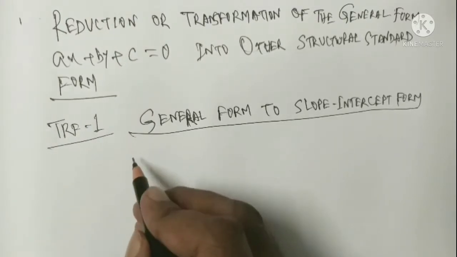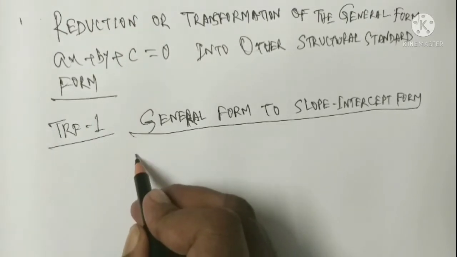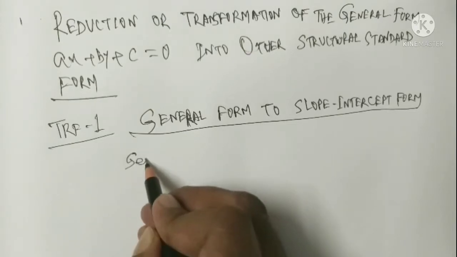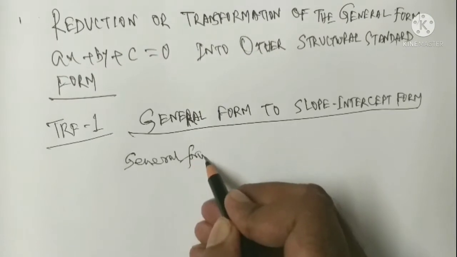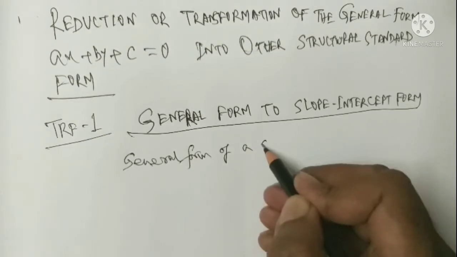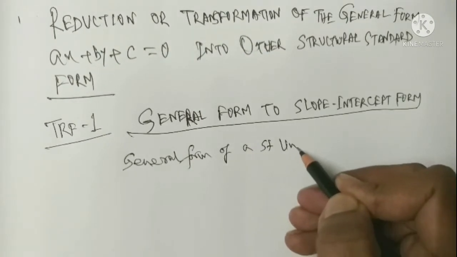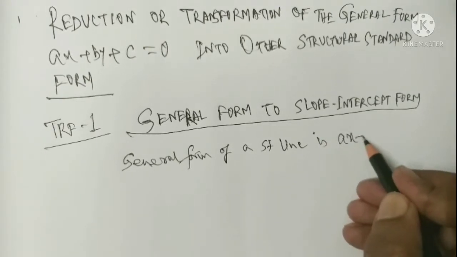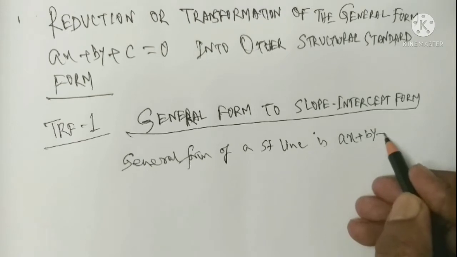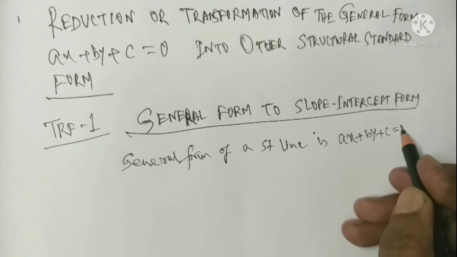Now see that the general form of a straight line is ax plus by plus c equals to 0.